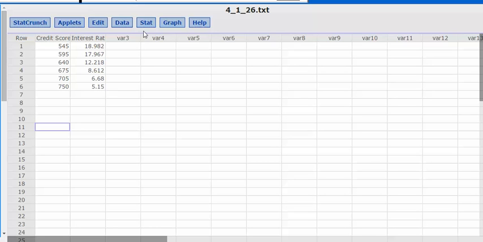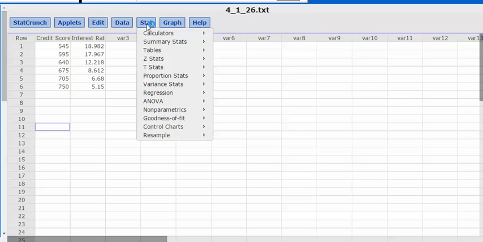So let's go get the correlation coefficient, and the best way to do that is through the regression analysis. Let's go into Regression and choose Simple Linear.